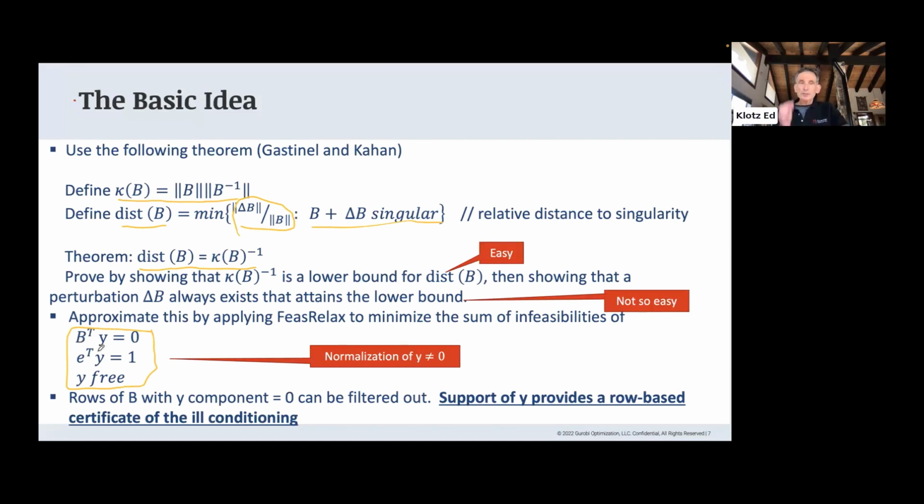And in particular, we solve that subproblem, which is an LP, and we get a solution Y that minimizes the sum of infeasibility. And any element of Y that has a value of 0 identifies rows that can be filtered out from an explanation of infeasibility. So another way of saying this is that the support of Y provides a row-based certificate of ill conditioning.